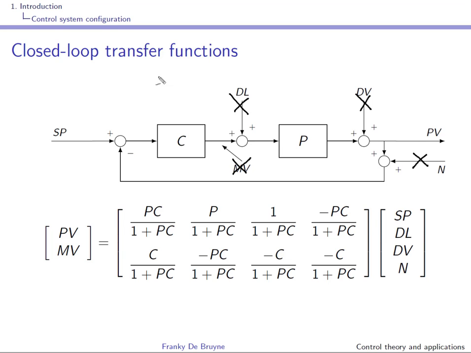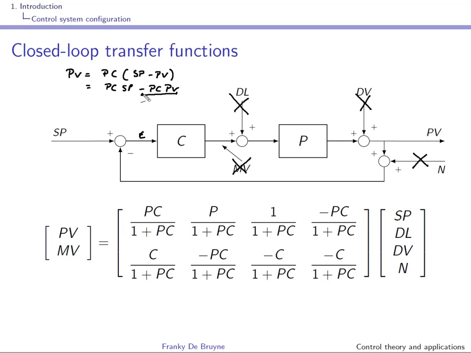So the output is PV, it is P acting on C, so PC acting on this signal over here. That's the error signal, but the error signal, that's SP minus PV, right? So we can write this as PC set point minus PC acting on PV.